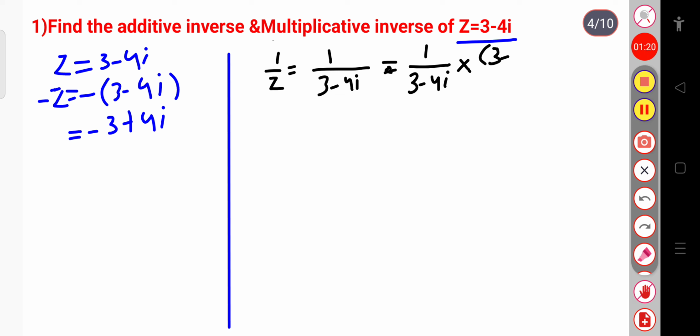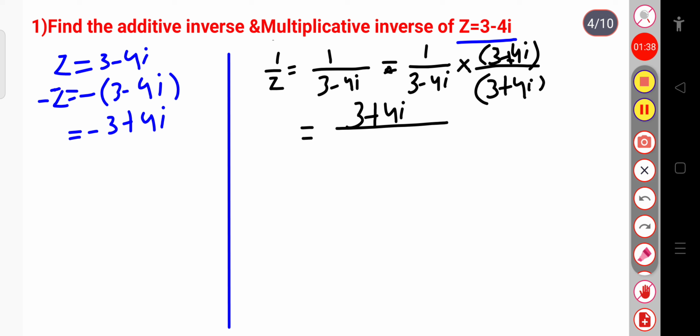So, this will be 3 plus 4i divided by 3 plus 4i. So that the denominator becomes the real number, this is 3 plus 4i in the numerator, divided by a minus b into a plus b form.